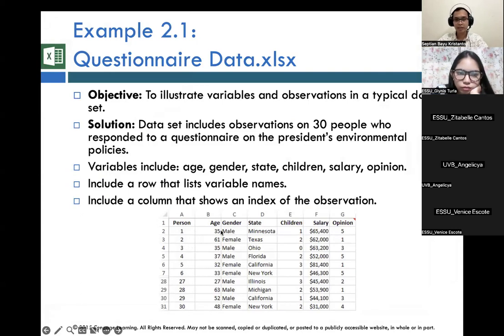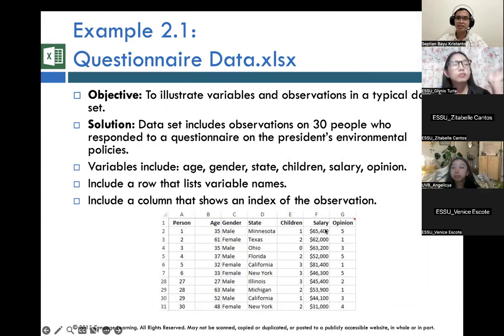We have the different ages of different people. They show the gender data. We have the state of living, the number of children, the salary taken by every person, and the opinions. So if we talk about the data set, that's the numbers that will be shown in your data.